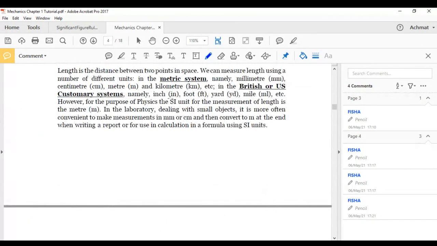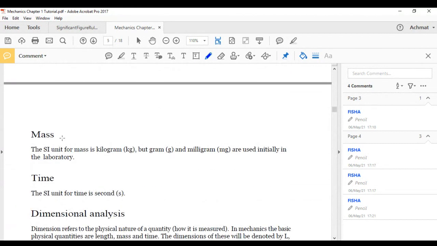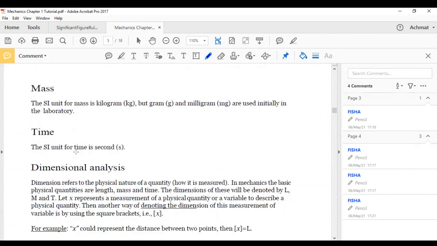So you have to be able to convert like this also to your SI unit. Then in mass, the SI unit is kilograms, but remember we can get grams, milligrams, you can get slugs, as I said earlier on, and whatever. But for you to use it in SI units, make sure that you convert them to kilograms. And time, the SI unit is seconds.